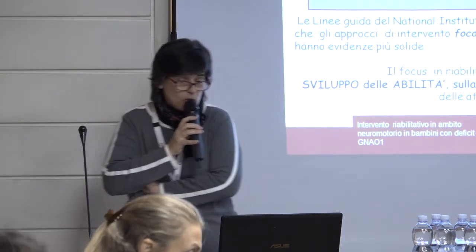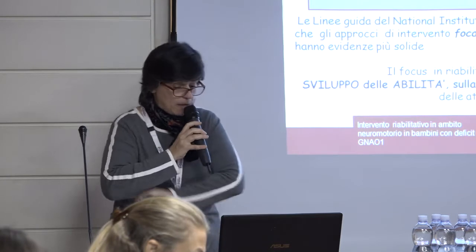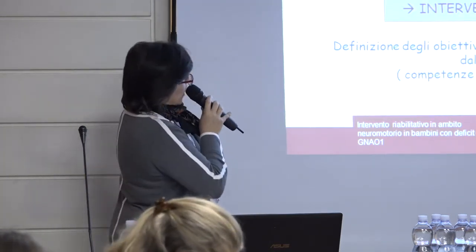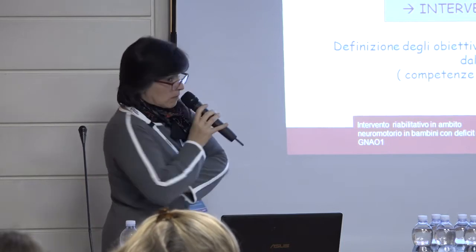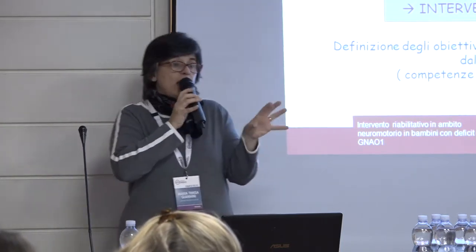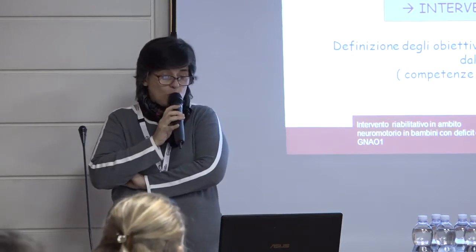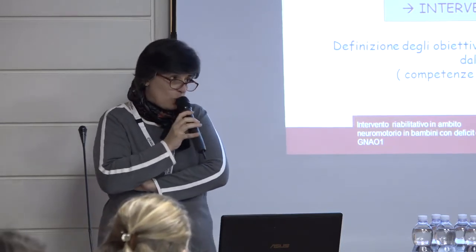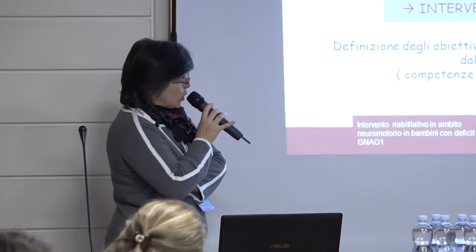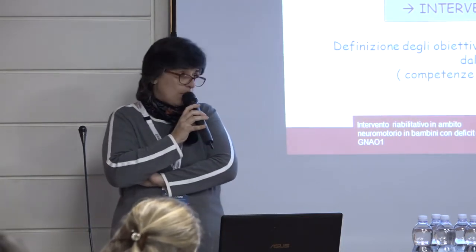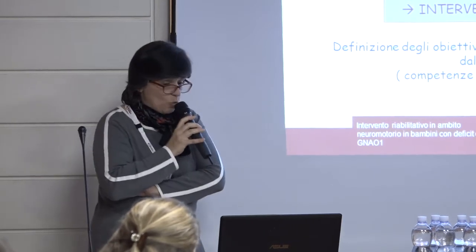So the focus of our intervention must be on the development of abilities and participation. There are few studies in physiotherapy and occupational therapy on the hyperkinetic disorder. Reviews have more to do with cerebral palsy than what we have in GNAO1 children.